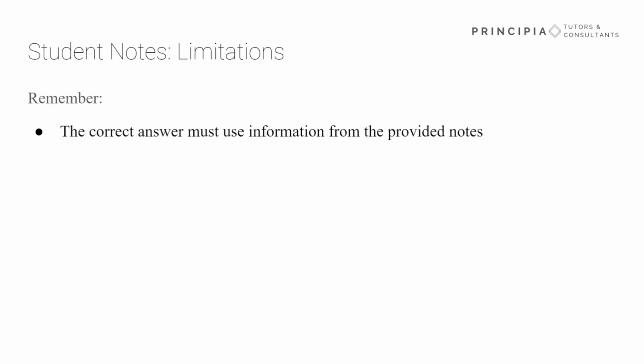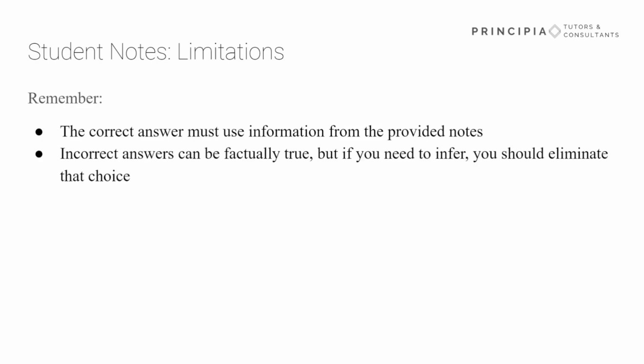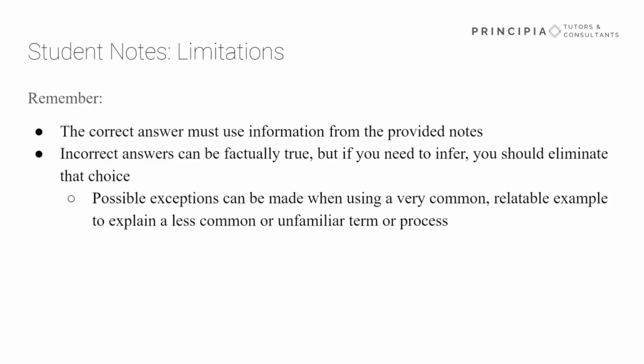So remember, the correct answer needs to be from the information provided from the notes. And so if it's not using that information, even if it is factually true or accurate, it may require inference or outside knowledge. You should eliminate the choice because only student notes can provide the information to answer the questions. We can make some exceptions when we're encountering very, very common relatable examples.